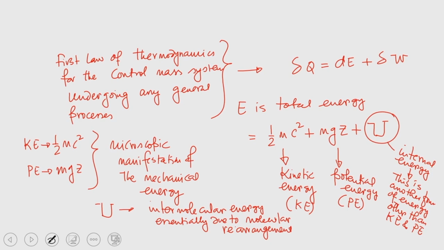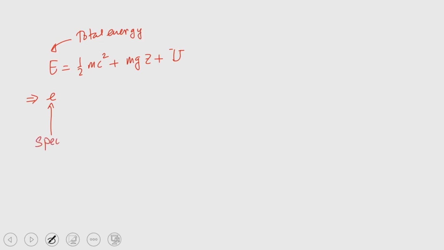Okay. So, basically you can write this total energy in terms of the specific energy. This E is equal to half m c square plus m g z plus total U. If we try to write the specific energy, this is the total energy and this is the specific energy, equal to half c square plus g z plus small u.